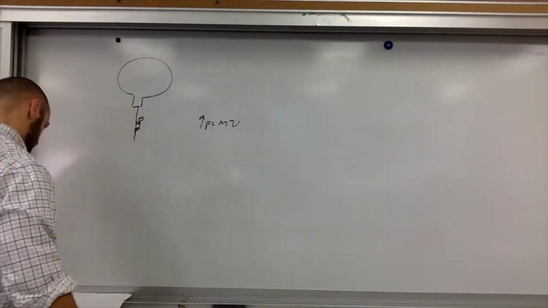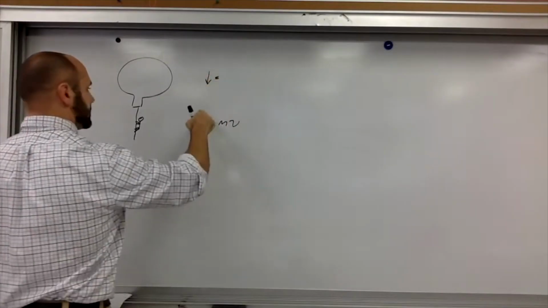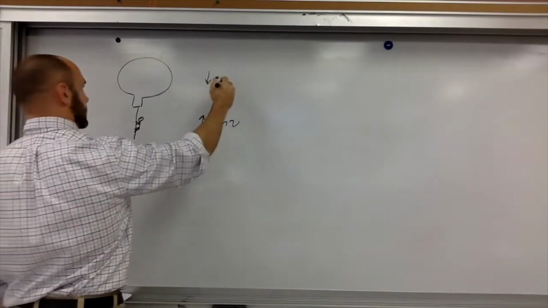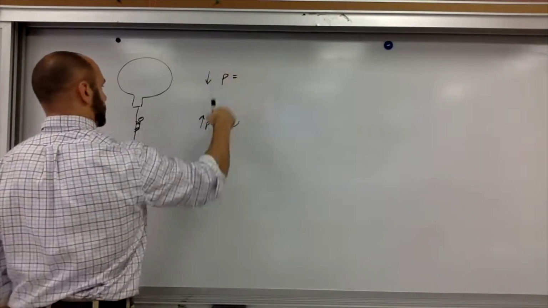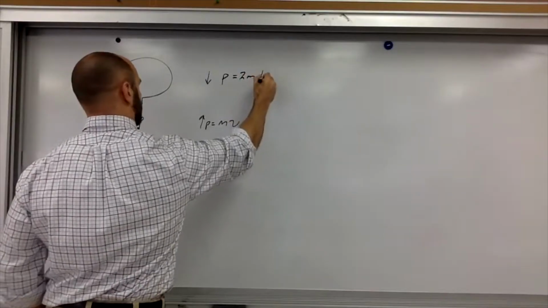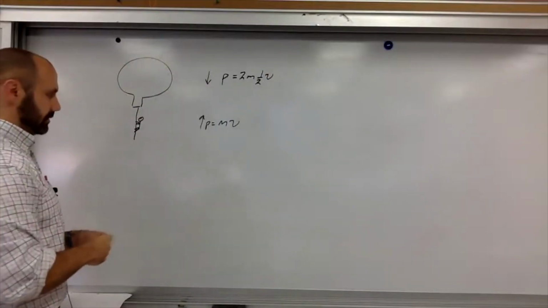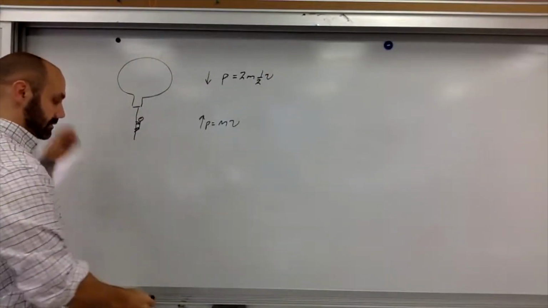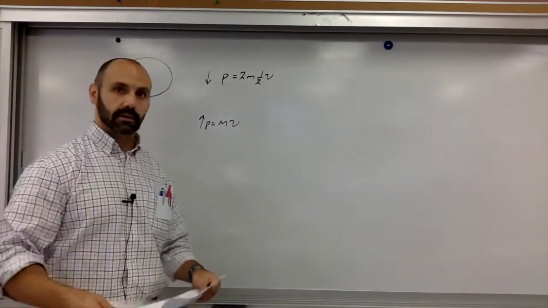And we know the balloon has mass 2m. So that means his upward momentum has to be the same as the downward momentum of the balloon. Right. But if the balloon has mass 2m, then the balloon has to have a velocity of v/2 in order for the total momentum to remain 0. Okay. And that's it for this unit.